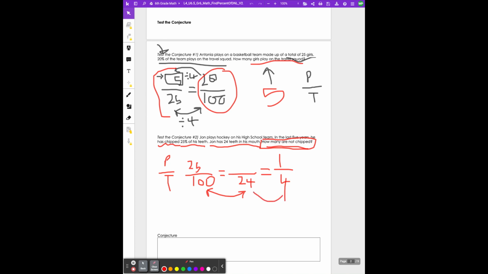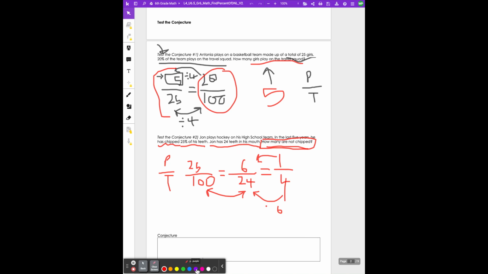If I'm looking at 24 and 4, now I can see that this is multiplying by 6 if I'm going from 4 to 24. So that means I can multiply 1 times 6, and that'll give me the number of teeth that have been chipped for John. So 25% of his teeth chipped is equal to 6.